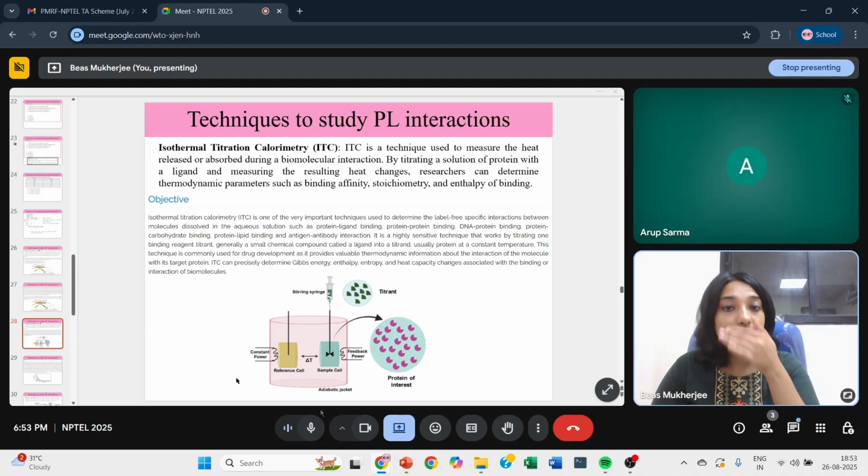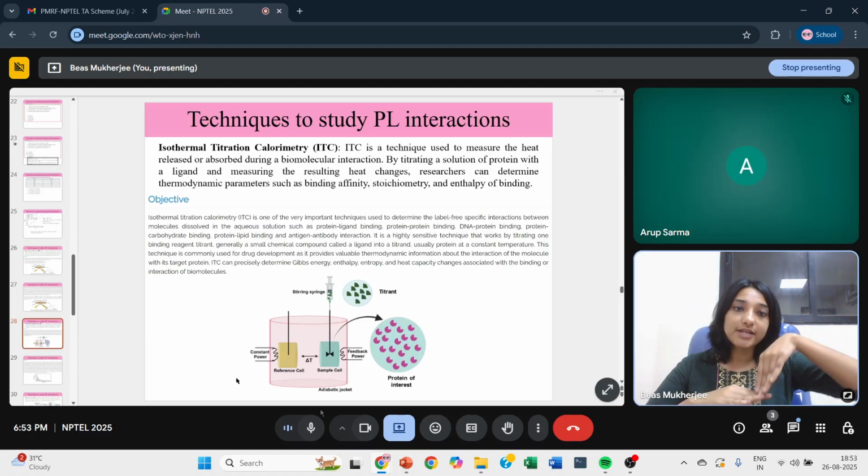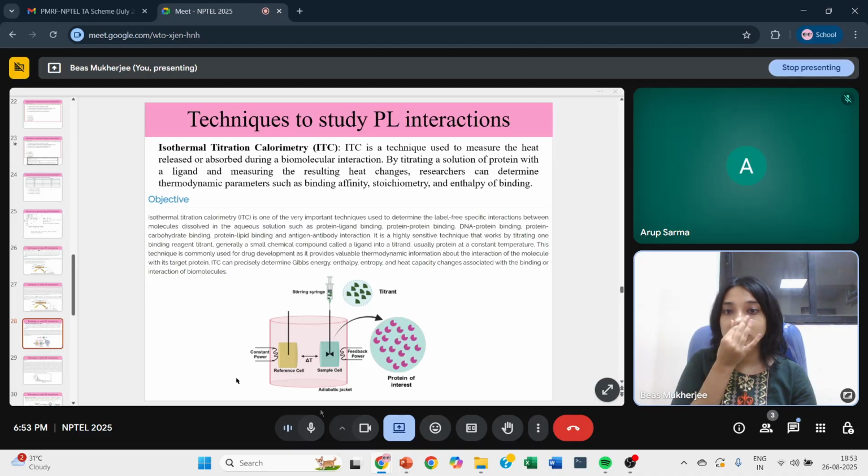It is a highly sensitive technique that works by titrating one binding reagent, generally a small chemical compound called the ligand, the titrant, into the titrate, usually a protein, at a constant temperature. This technique is commonly used for drug development as it provides valuable thermodynamic information about the interaction of the molecule with its target protein.